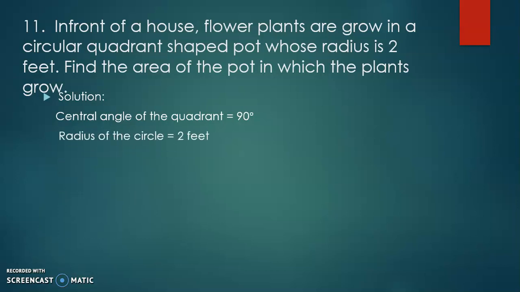Then radius of the circle is given in the question, that is equal to 2 feet. Next one, area of the quadrant is equal to area of the sector. Why we are finding area of a quadrant? Because that sector is like a quadrant shape. Okay. So area of the quadrant is equal to area of the sector, that is equal to theta degree by 360 into pi r square. Just substitute the values.